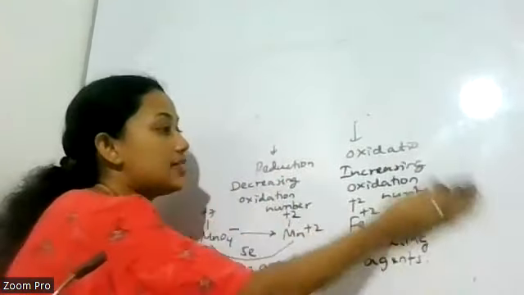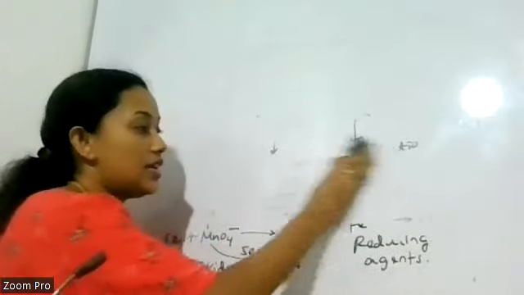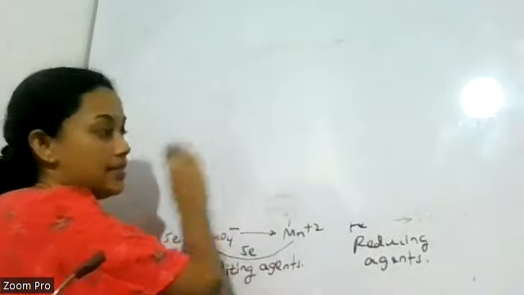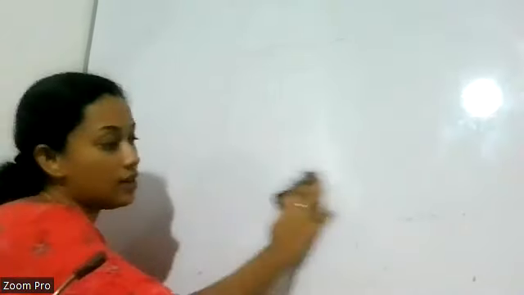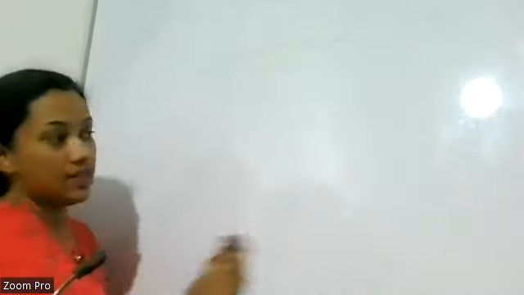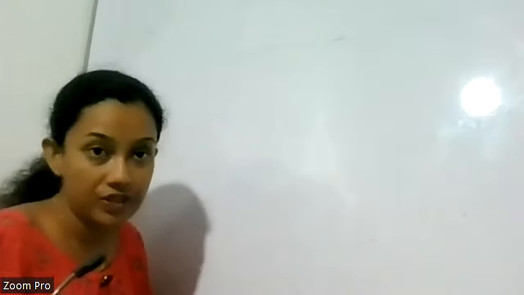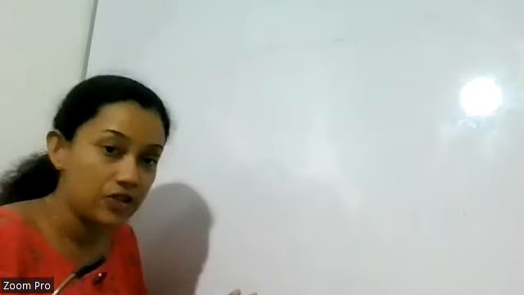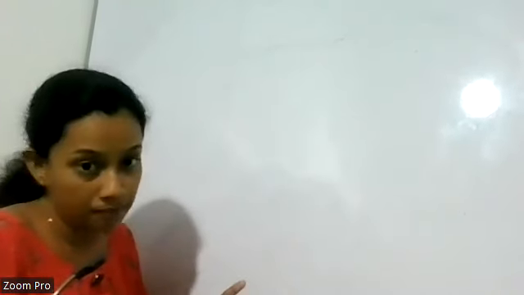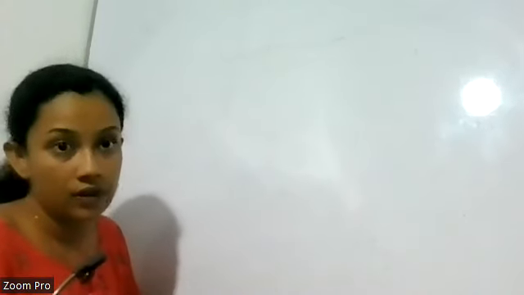So, we have to balance these redox reactions in acidic medium, basic medium, and neutral medium. Therefore, first of all, we consider balancing redox reactions in acidic medium. Okay, we will take an example first.